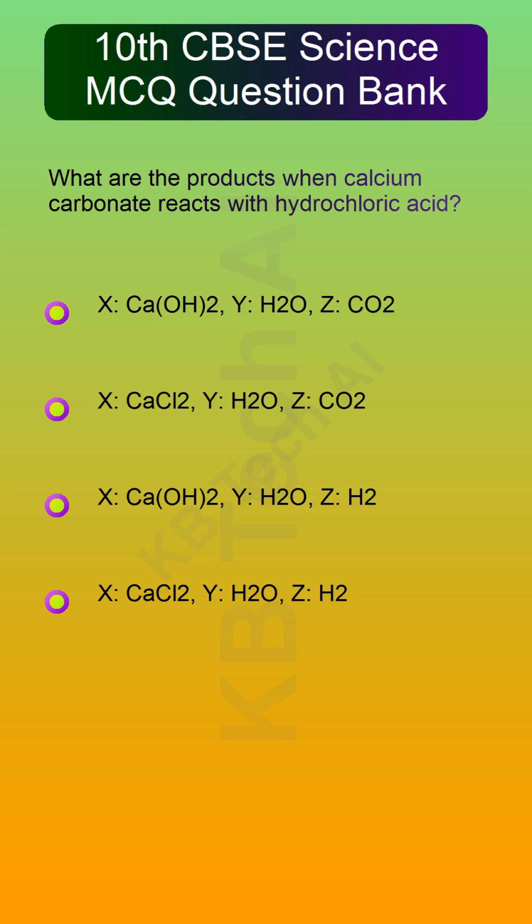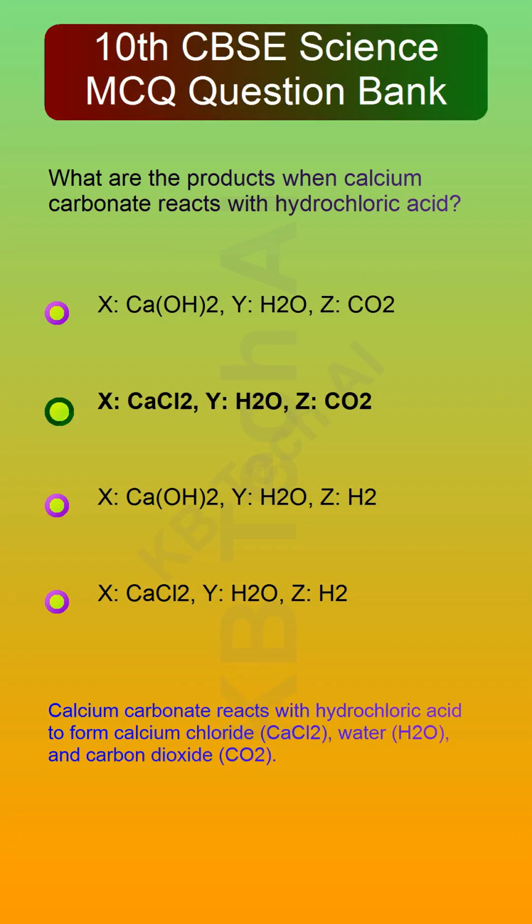Option 3, X: CaO, Y: H2O, Z: H2. Option 4, X: CaCl2, Y: H2O, Z: H2. The answer is option 2, X: CaCl2, Y: H2O, Z: CO2.